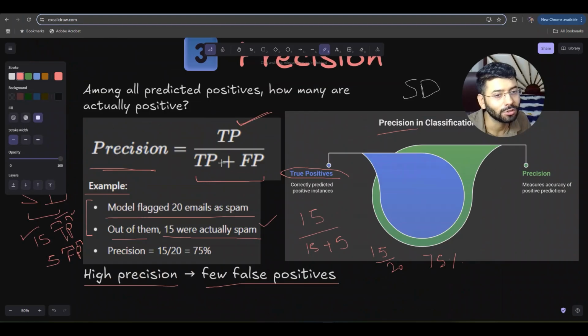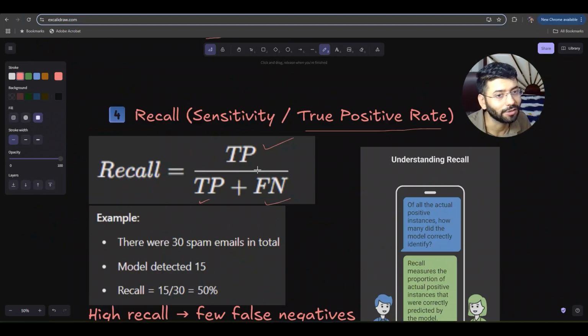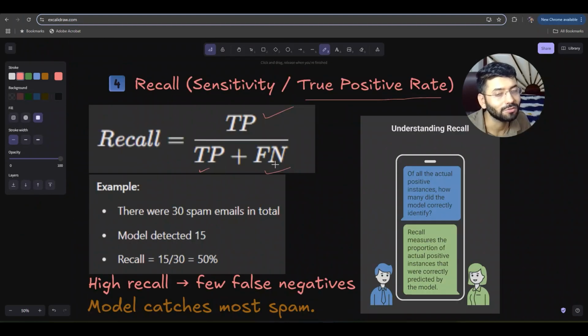In spam detection, true positive means you correctly predicted a spam email, and false negative means you incorrectly predicted a non-spam email.